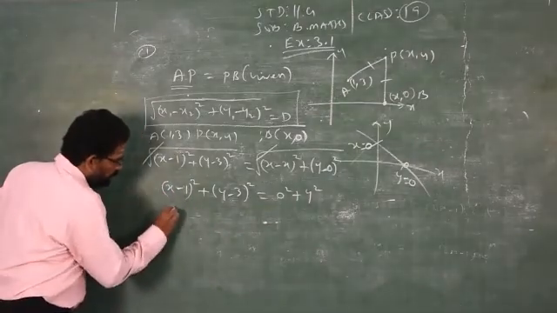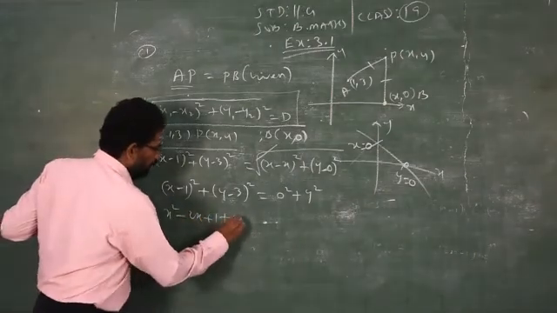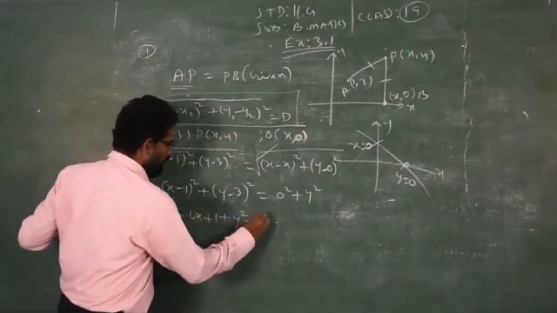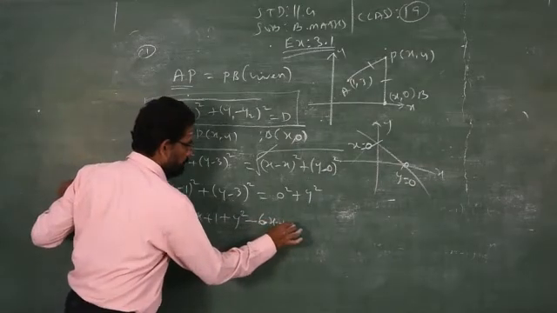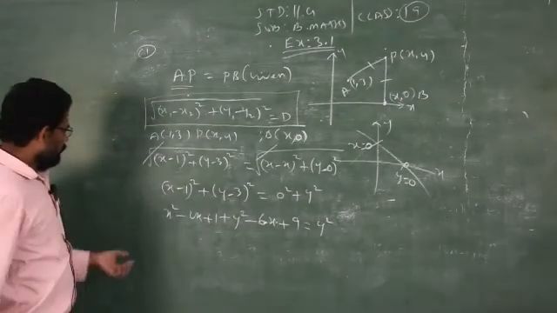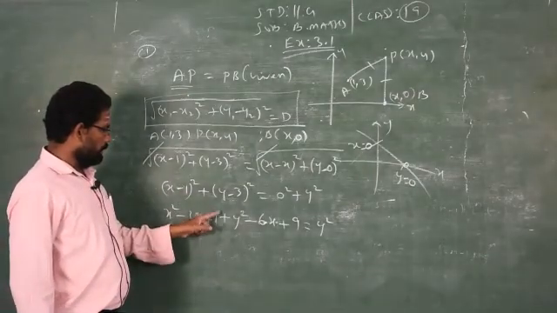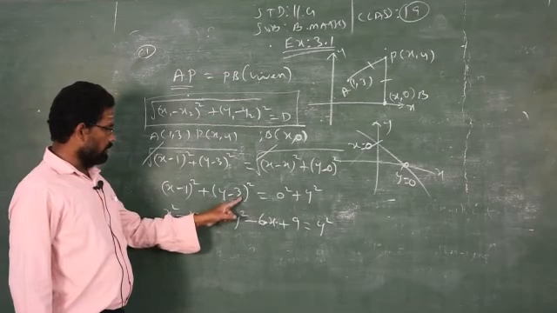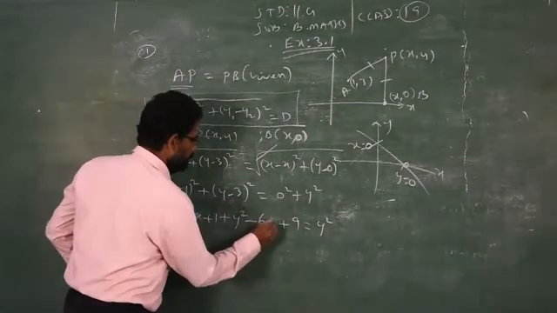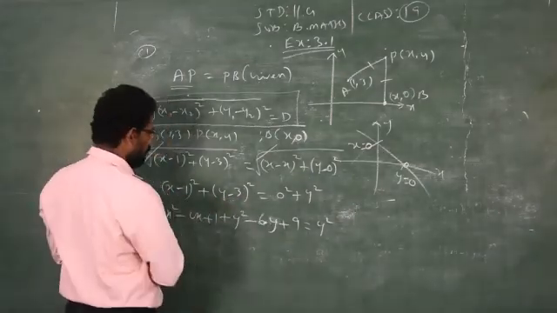So x square minus 2x plus 1, then y square minus 6y plus 9, is equal to y square. I just expanded by using the (a plus b) the whole square formula: a square minus 2ab plus b square, 2 threes are 6, 6 into y, then b square, 3 square is 9.